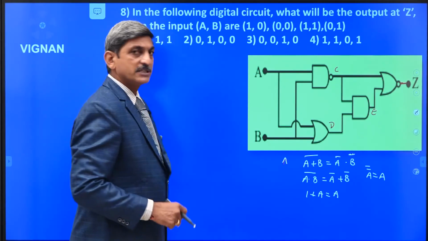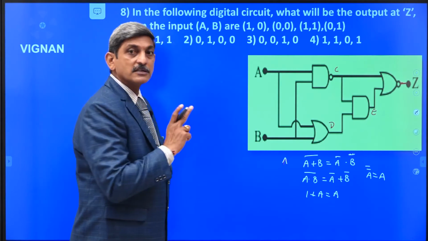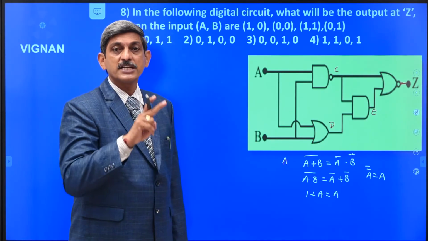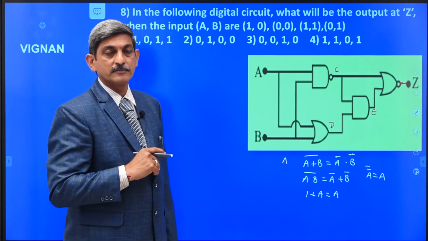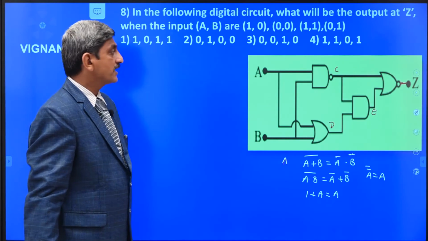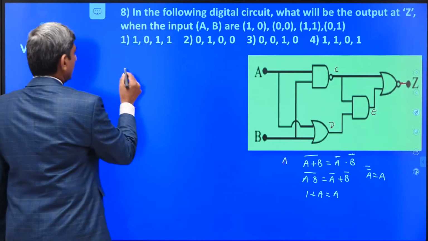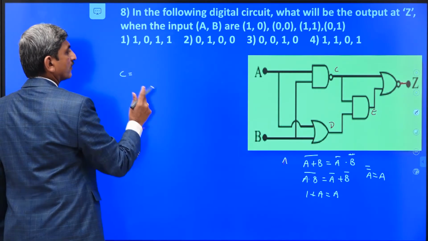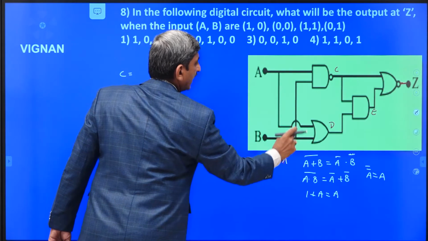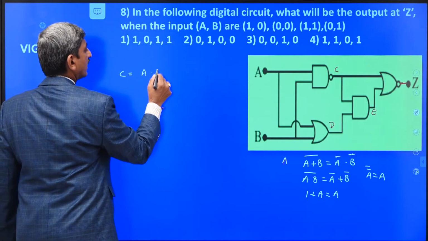In these expressions, the plus stands for OR operation and the dot stands for AND operation, whereas the bar stands for NOT operation. Now, let us identify the outputs at the different stages of the circuit. So, at C, the output is, this is the NAND gate, one input is A and the other input is B, so that C is equal to (A dot B) bar.